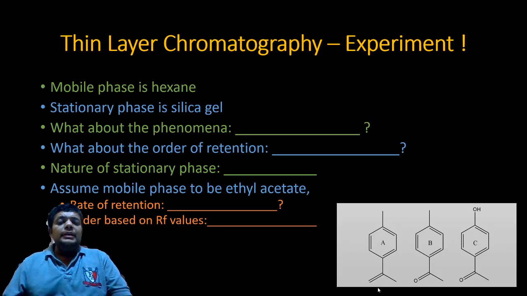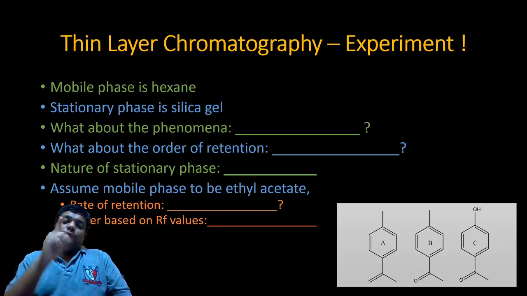And as it is a non-polar molecule and your stationary phase like silica gel is polar, this compound A will not interact, or will interact least, with the silica gel. So this will come out first.